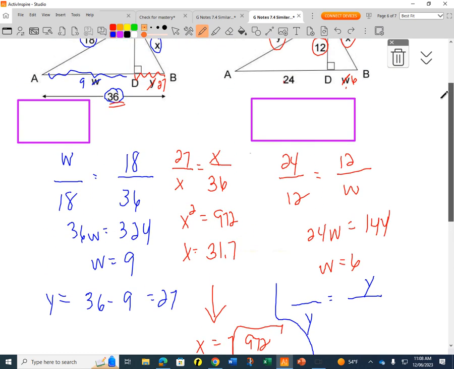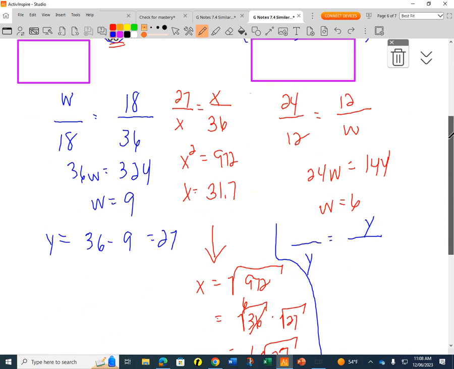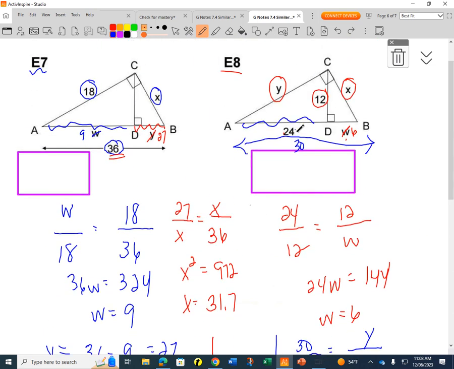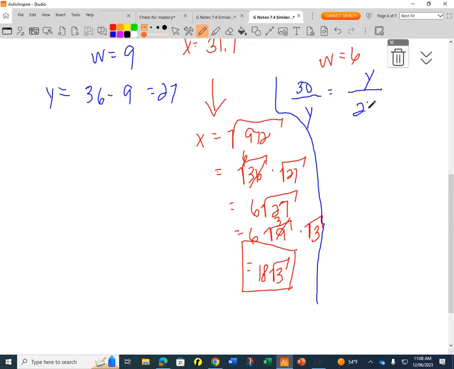When the mean represents the length of one of the legs, you use the part of the hypotenuse it touches and the whole hypotenuse. In this case, the whole hypotenuse is 24 plus 6, or 30. So it's going to be the whole hypotenuse and the side that it touches, which is 24. Is that what you guys got?